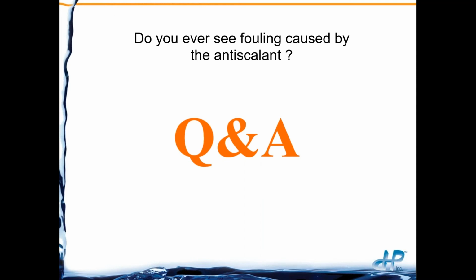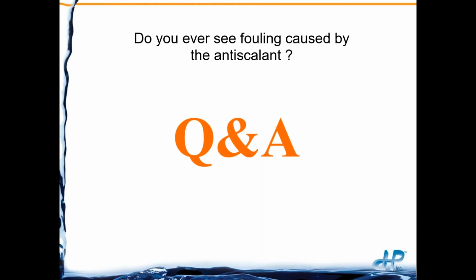The other thing you can see, and we have run into this a couple times in the last couple of years, is a cationic polymer injected in front of a clarifier or a media filter. That cationic polymer, as the name implies, is positive charge. The antiscalant is going to be a negative charge.